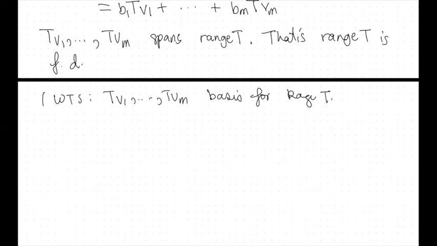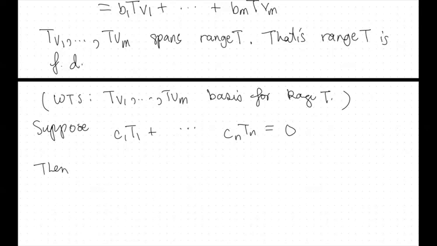Now, suppose that C1 T V1 plus up to Cn T Vn is equal to 0. Then T of C1 V1 plus up to Cn Vn is equal to 0.